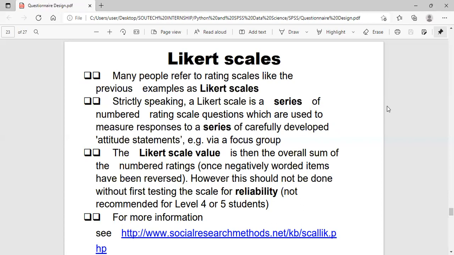The Likert scale value is then the overall sum of the numbered ratings once negatively worded items have been reversed. However, this should not be done without first testing the scale for reliability.